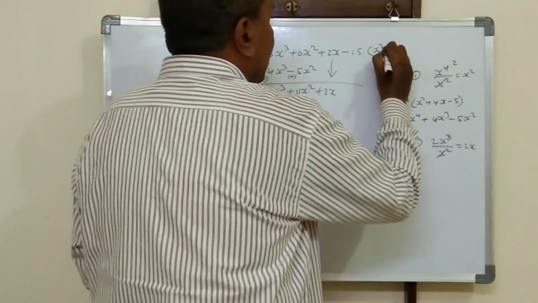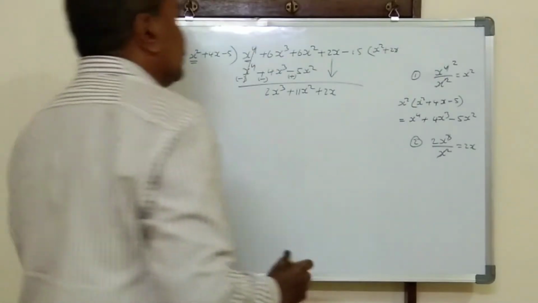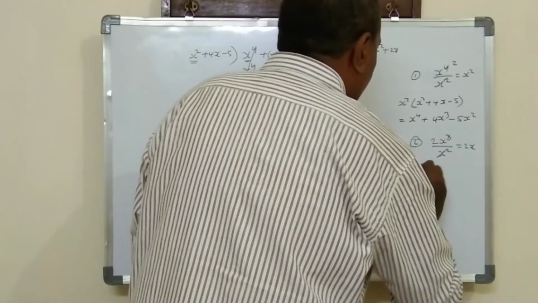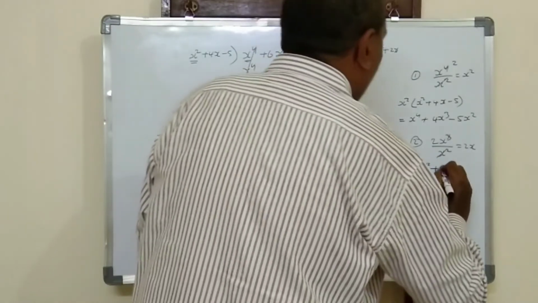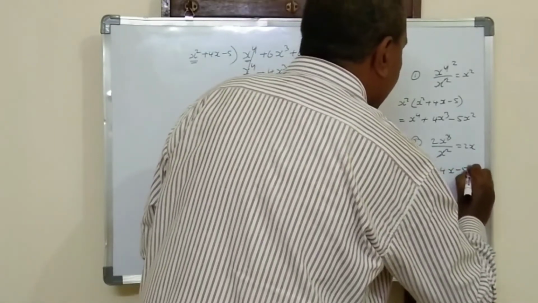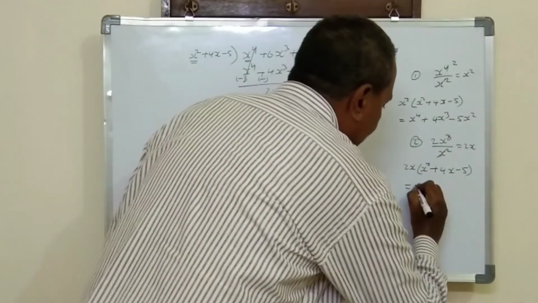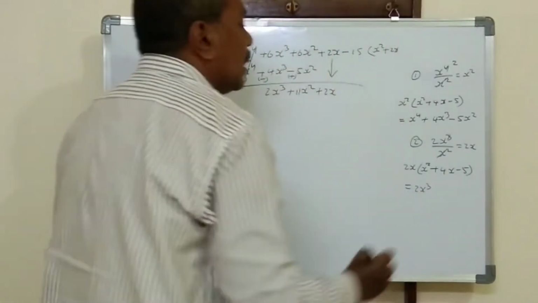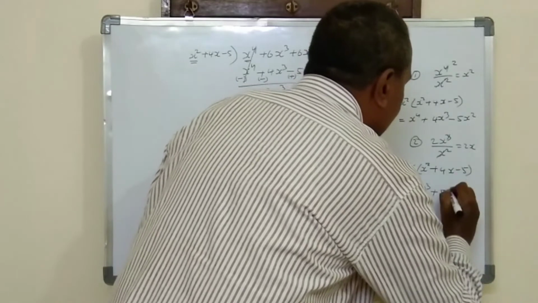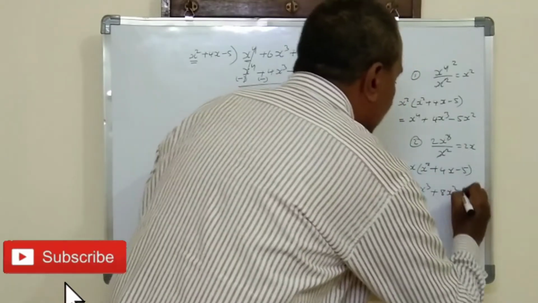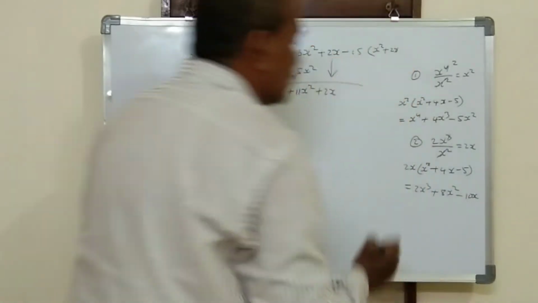So keep this 2x here, this 2x into this entire divisor, that is equal to 2x into x square plus 4x minus 5. Now multiply 2x into x square, 2x cube, plus 2x into 4x, 2 into 4 is 8, x into x is x square, plus into minus is minus, 2x into 5, which is equal to 10x.